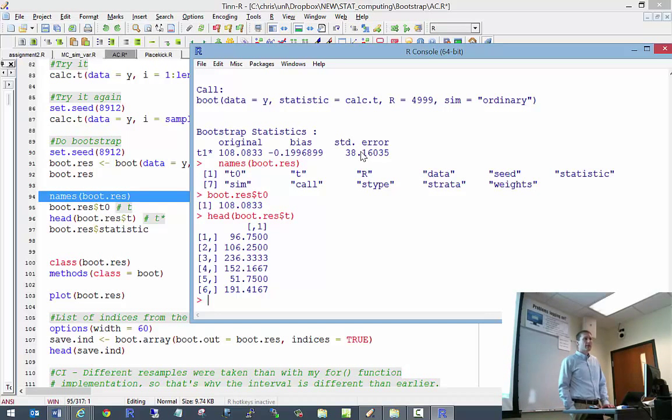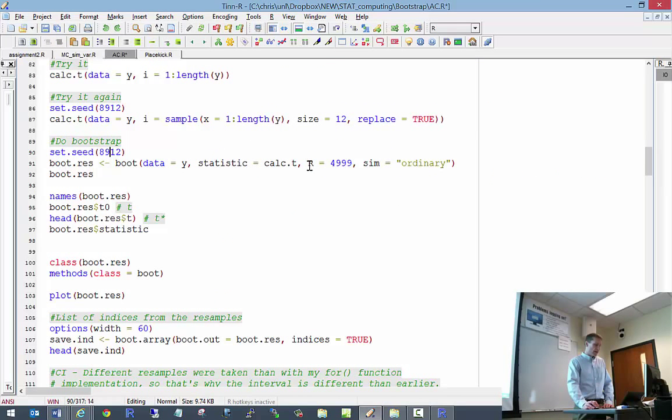Yeah, I have a question. Sure. If you use the boot function, how many resamples do you produce? Well, when I use my boot function here, notice what I used. Okay, but in your notes you say this process is repeated R+1 times. Yes. So you mean the resample will repeat R+1?